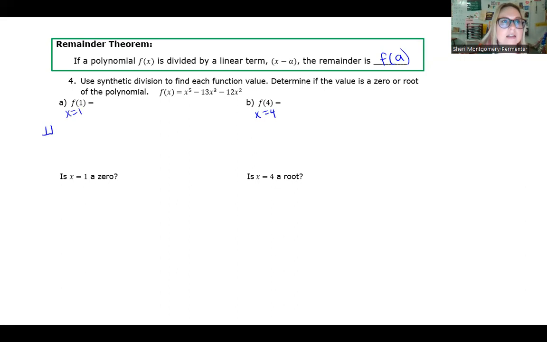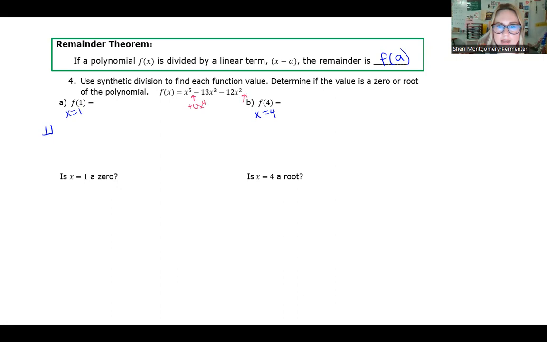When I set up synthetic division for these, I'm using the same polynomial for everything. But as I look at it, it looks like it goes 5, 3, and then 2. I'm missing quite a bit of terms. So I have to make sure that I add in right here plus 0x to the 4th.